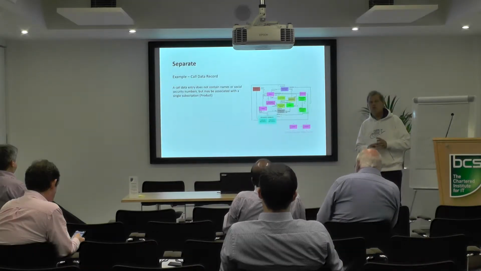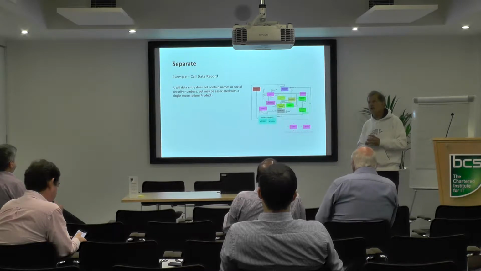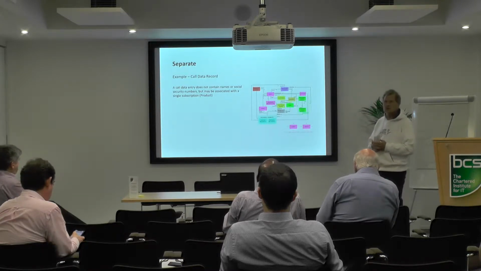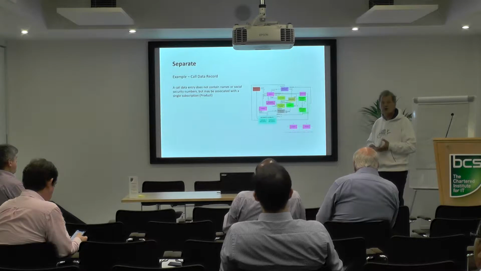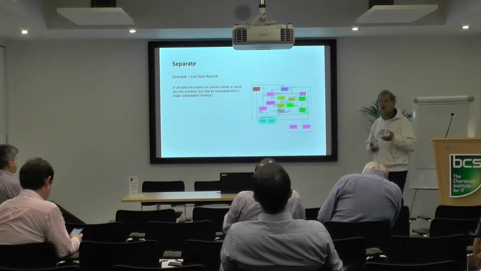We also have the question: what information do we have, and how can we separate the information? A call data record has two identifiers for mobile. One is the SIM card, the other is the mobile phone number, and the SIM card is attached to your telephone number and subscription.